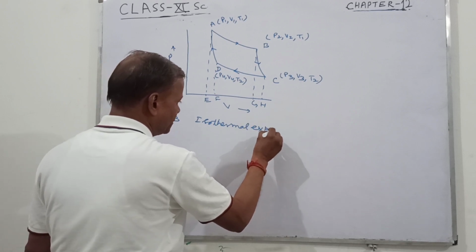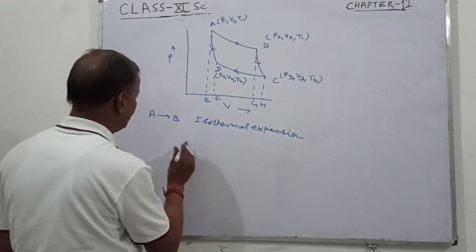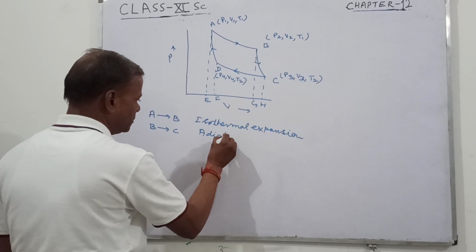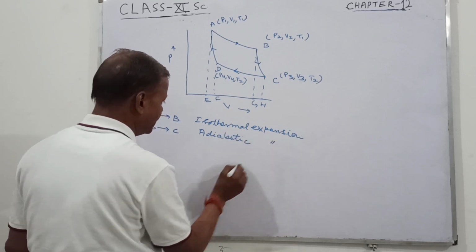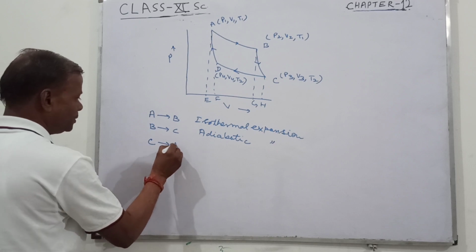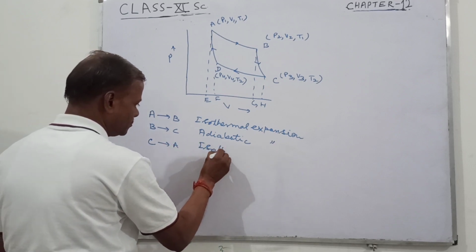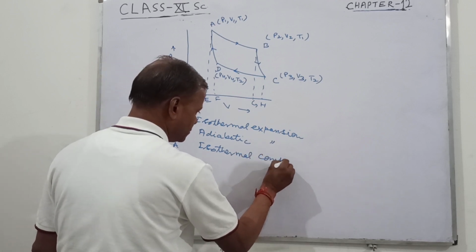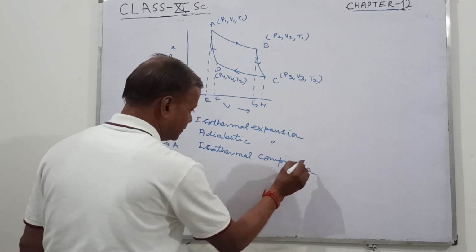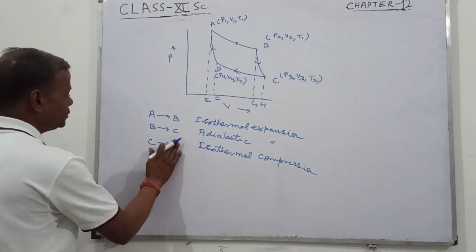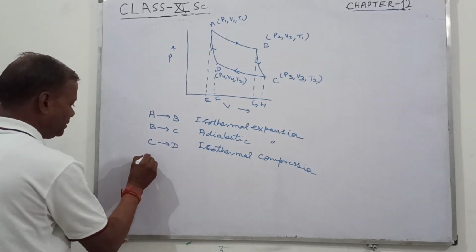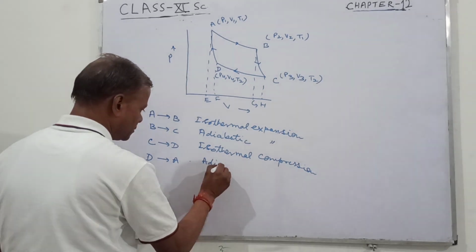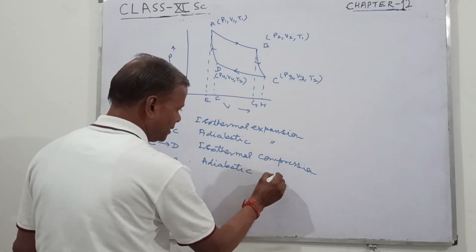isothermal expansion, and B to C, adiabatic expansion, C to D isothermal compression, and then D to A, this is your adiabatic compression.